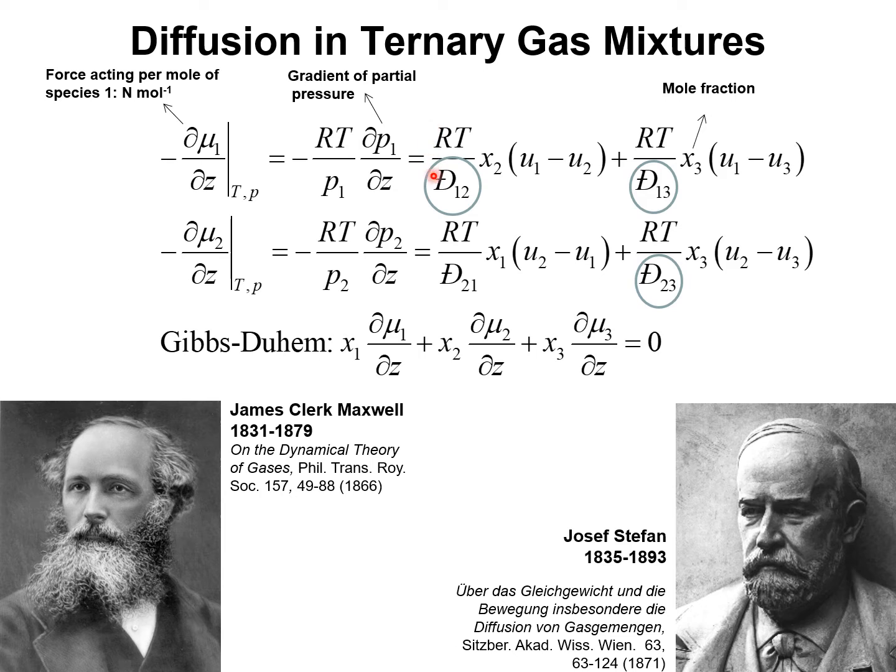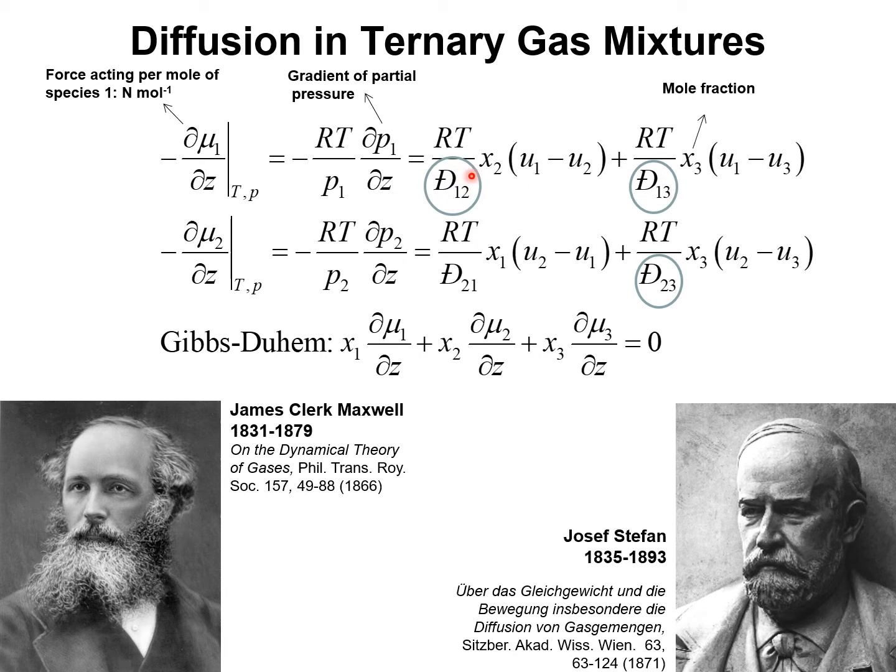The constants of proportionality are the drag coefficients. In the Maxwell-Stefan formulation, we define D12, D with a line through it, in this manner.